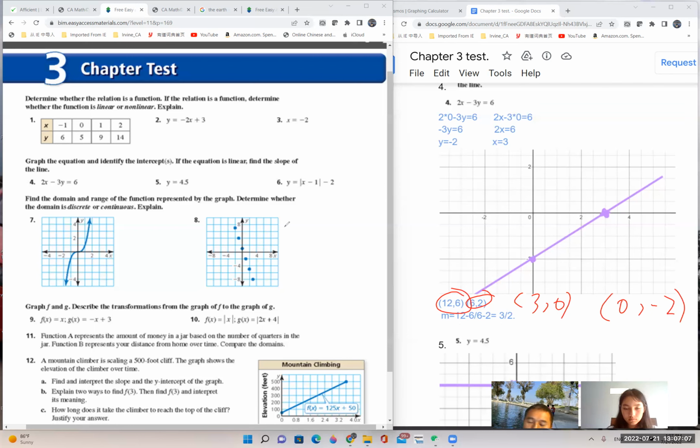So just use these 2 points, you can get the intercept. You can get the slope. When you go to find another point, of course you need time, right? So why not just use these 2 intercepts? But anyway, it looks like you don't get wrong.